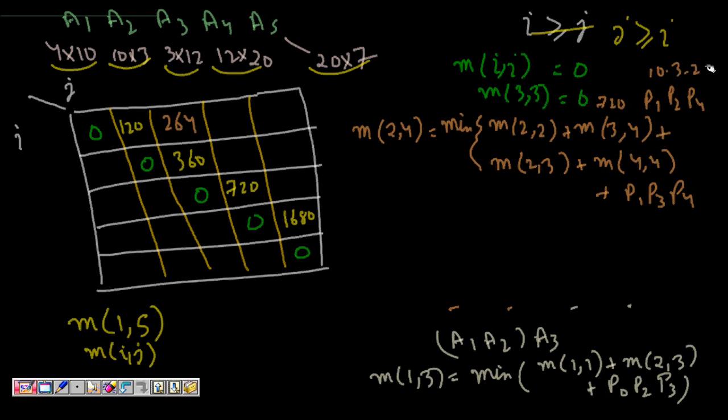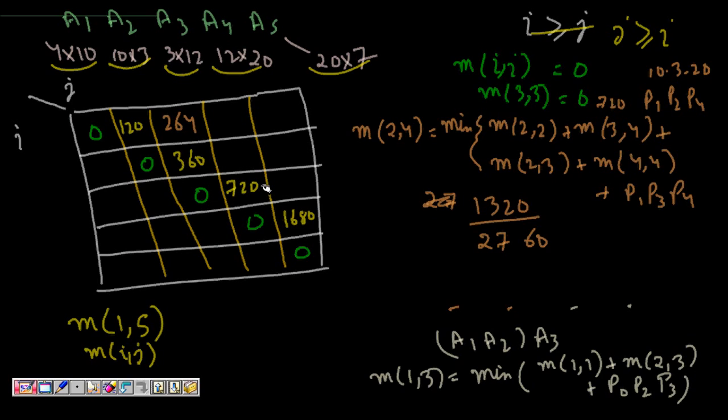So the first one comes out to be 1320. And if we calculate the other one, it will be 2760. So again 1320 is the minimum.